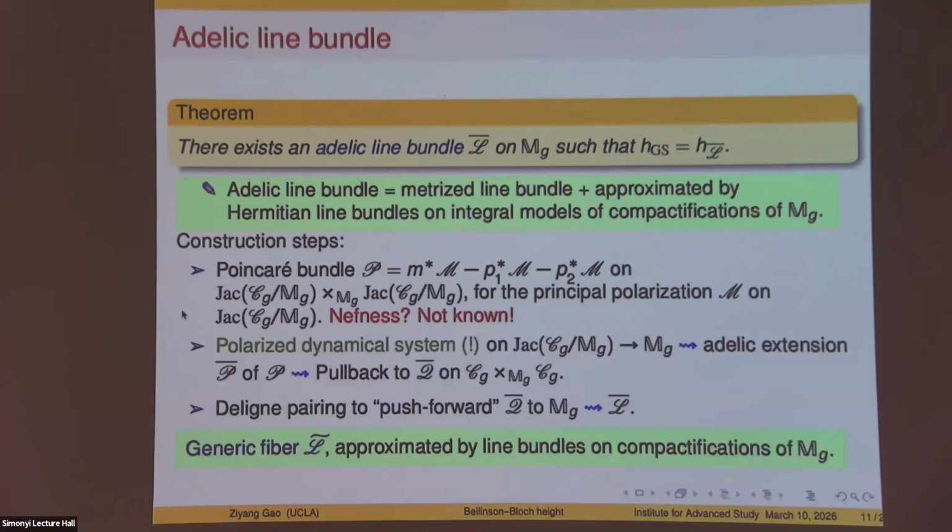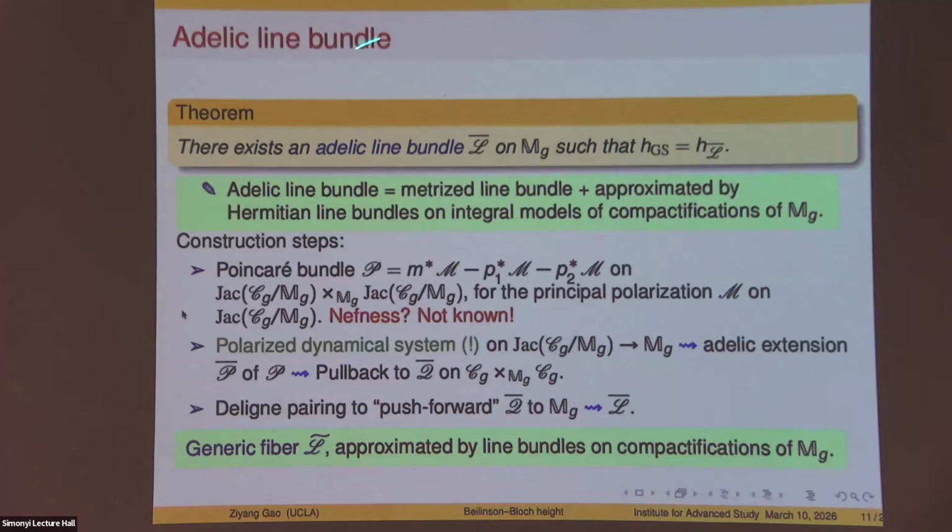We can put metrics, but we don't want arbitrary line bundles. We really want those to be approximated by these nice ones, so that we can have a theory to talk about the volume, like arithmetic Hilbert-Samuel, all these kinds of things. Okay, so these are the adelic line bundles that we want to study. So pay attention, they really actually live on integral models. And these are the L-bars I'm talking about.